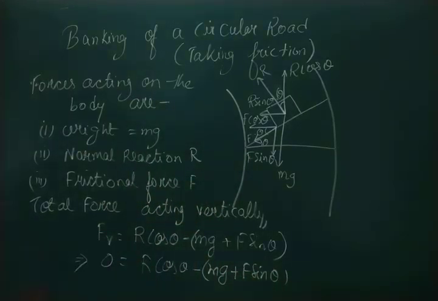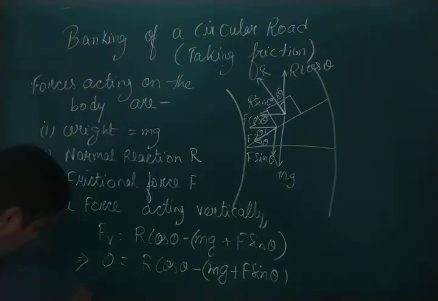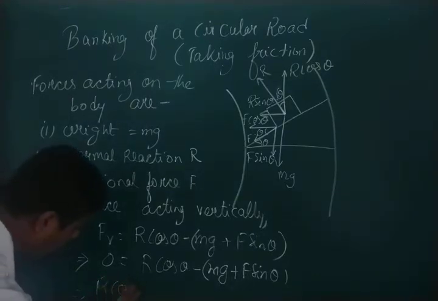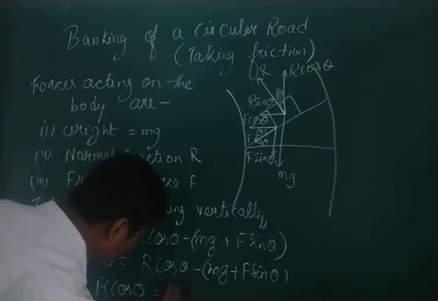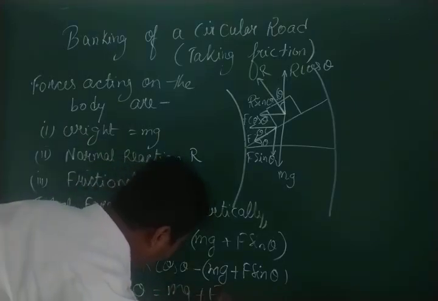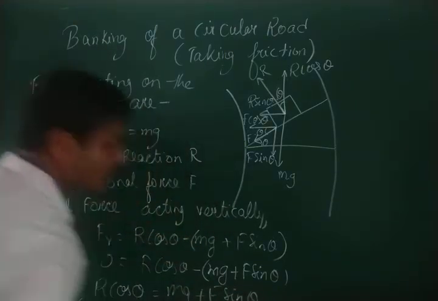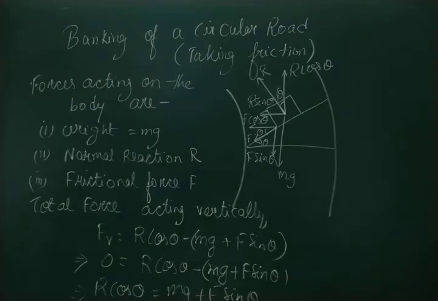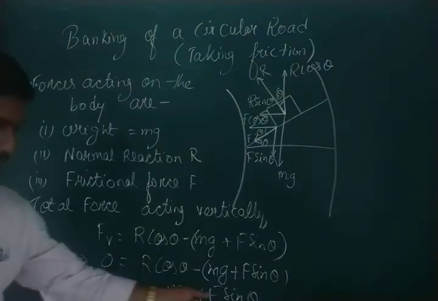Then you can bring it on this side. So R cos theta will be equal to mg plus F sin theta. So we have got one expression: R cos theta equals mg plus F sin theta.